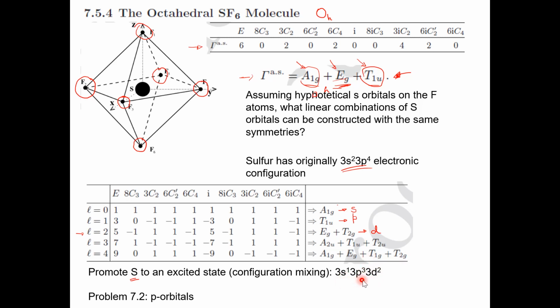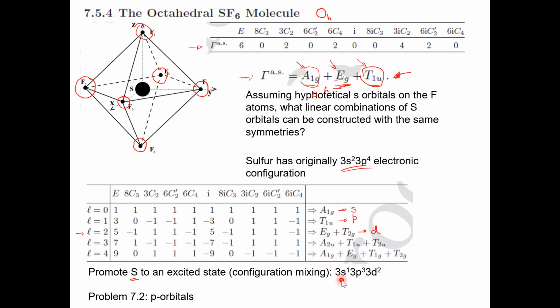So I have 3s1, 3p3, 3d2, and this is the precise number of electrons that I need to make one covalent bond to the combination with A1G symmetry, 3 bonds to the 3 combinations with symmetry T1U, and 2 bonds with the EG combination of s states.